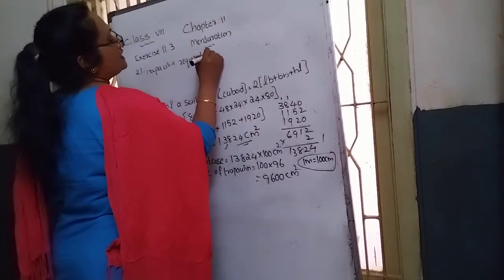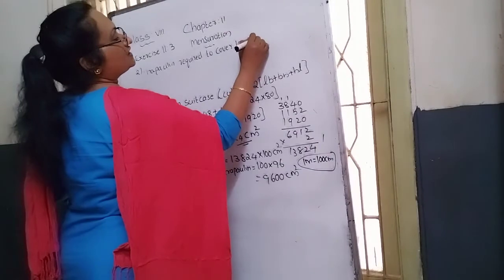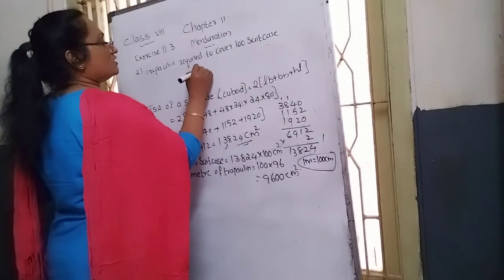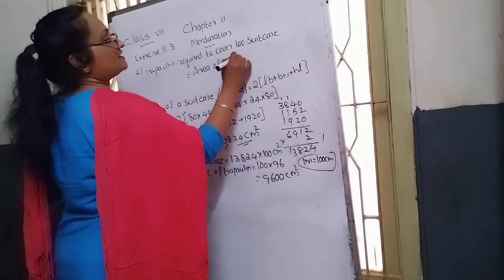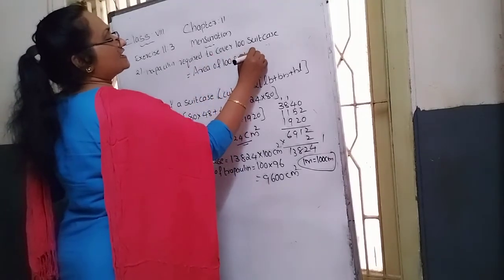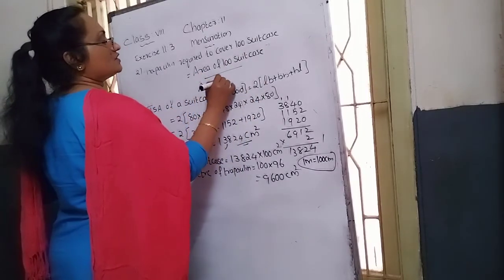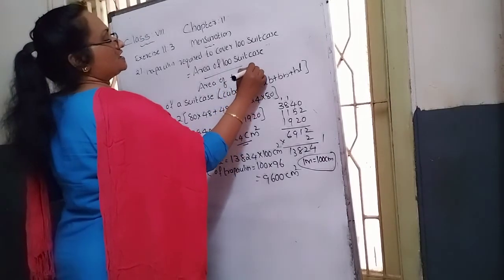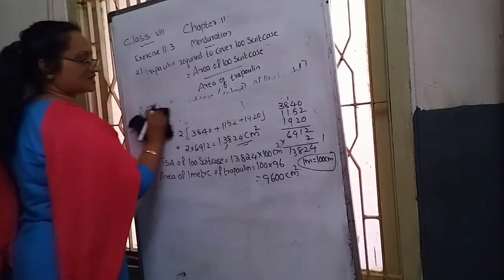Required to cover 100 suitcases is equal to the area of 100 suitcases divided by the area of the tarpaulin. The area of 100 suitcases: how much?